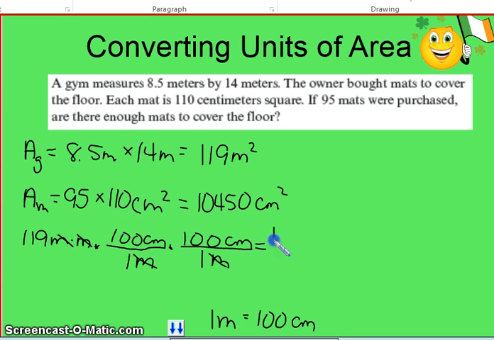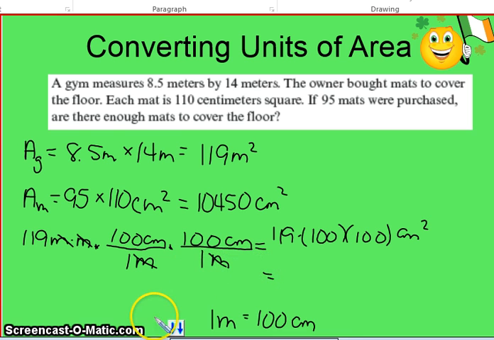So I've got 119 times 100 times 100 centimeters squared divided by 1. 1 times 1 is just 1, so we don't need to do any division there.